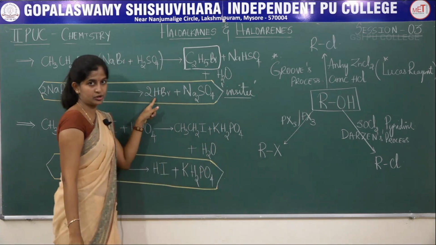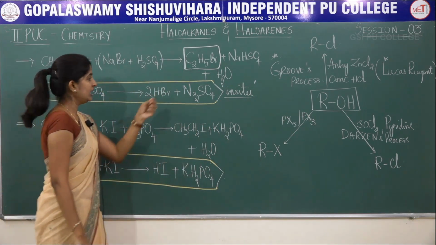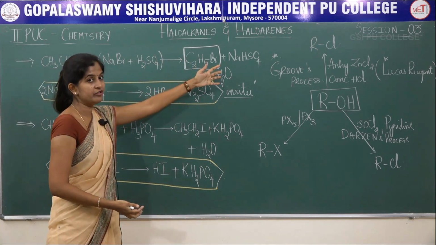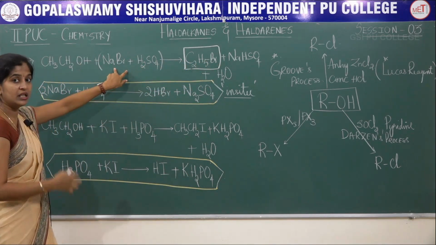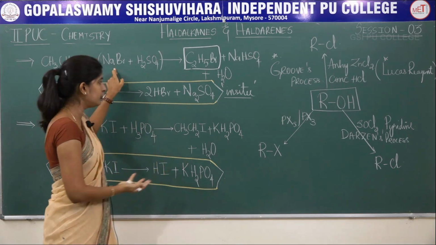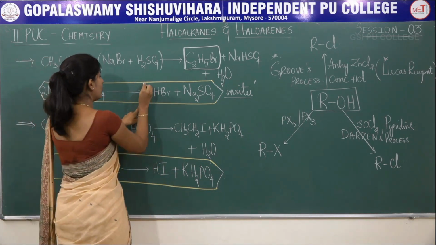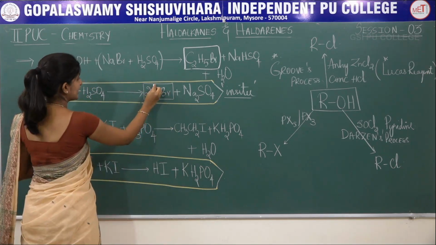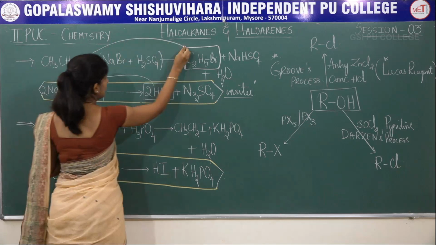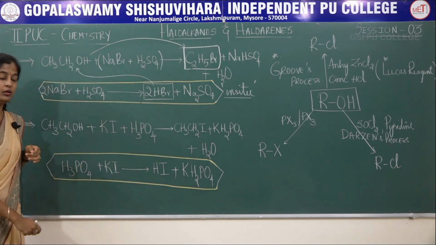What do you mean by in situ? In situation. What is the situation? This is the reaction situation where you have taken these two reagents. They react inside the reaction mixture itself to produce this hydrobromic acid. This hydrobromic acid produced in situ will react with this alcohol to get back your bromoalkane.